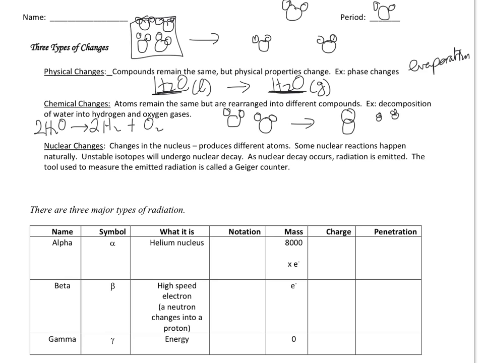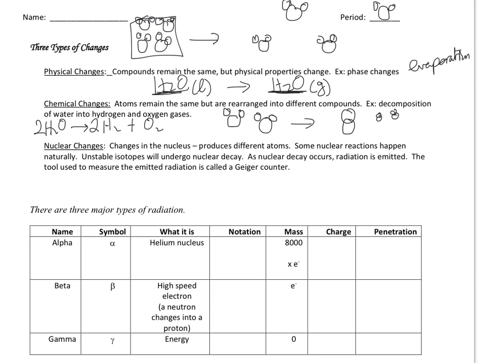And usually this happens with some radiation being emitted, and so the tool that we use to measure the radiation is called a Geiger counter. You know, it's the device in movies where it beeps when you get to nuclear radiation.